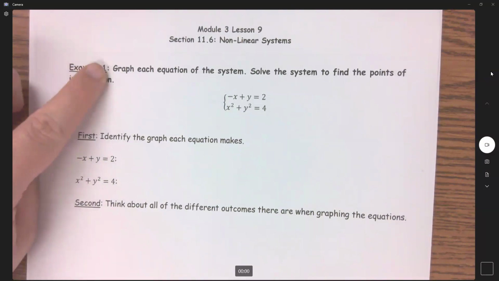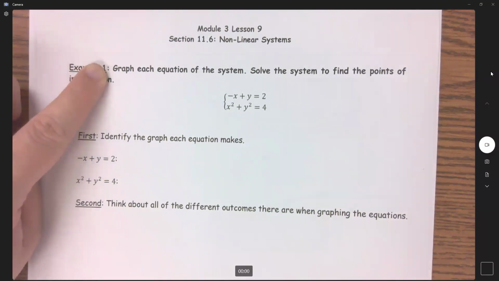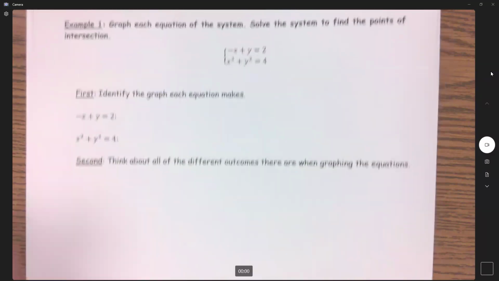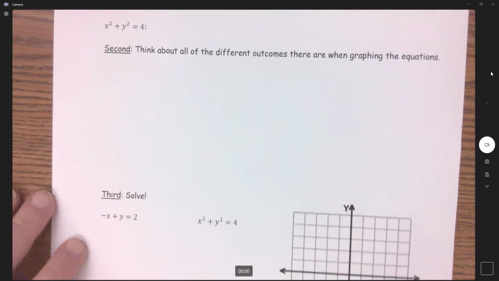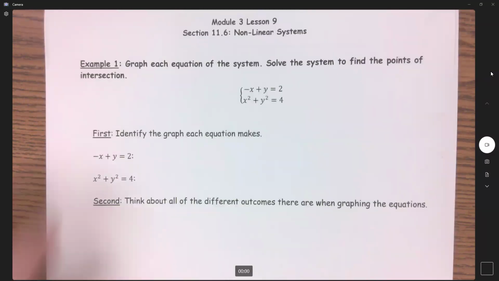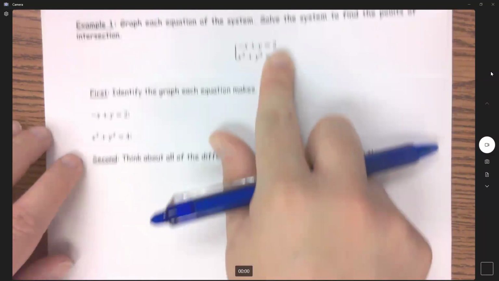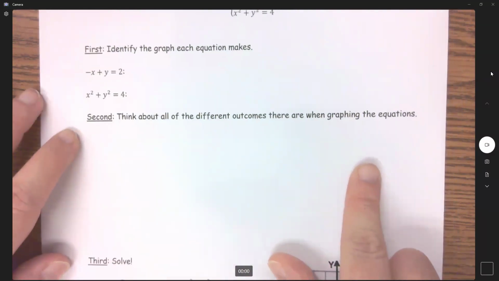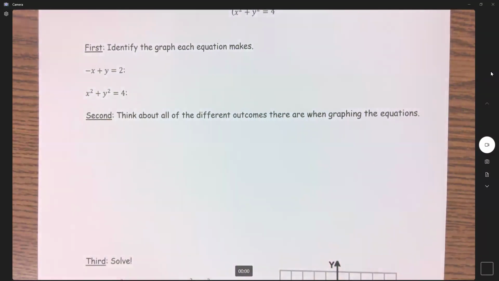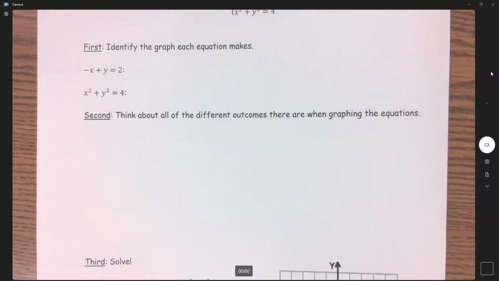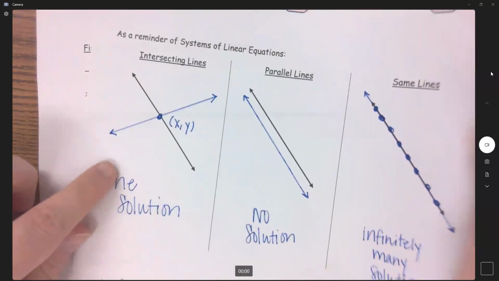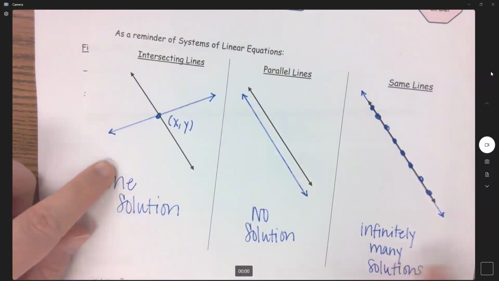Now, whether we are solving by graphing or algebraically by substitution or elimination, these are kind of the same 3 steps you want to do every time. First, we want to identify what shape these make. Then we want to think about the different outcomes that can happen. And specifically, I want to know how many solutions could I have, because we're going to see when I have linear systems, we could have 1 or infinite.